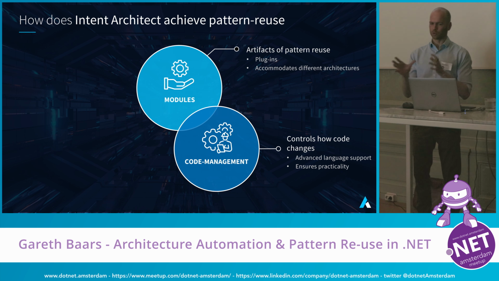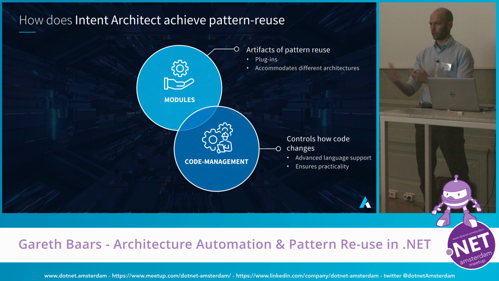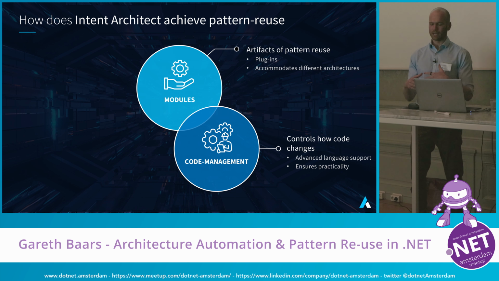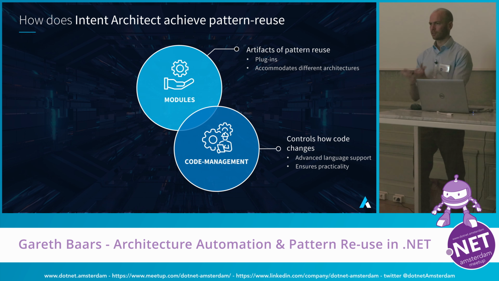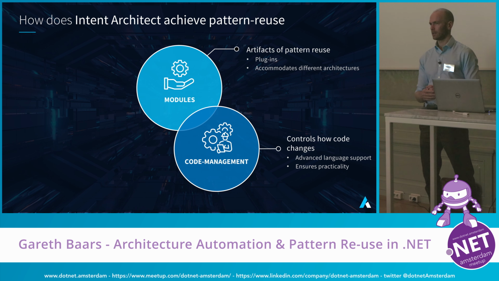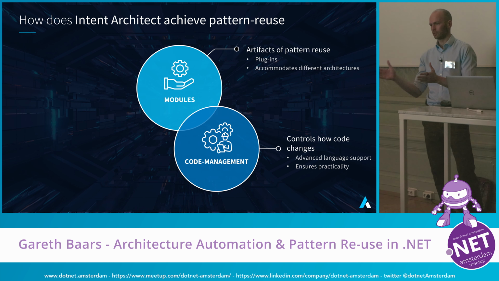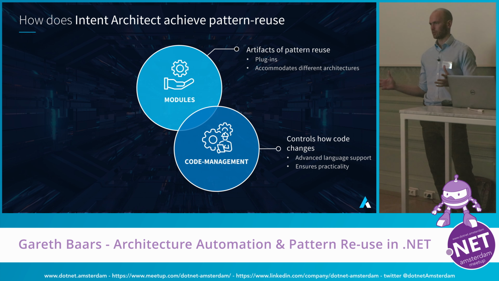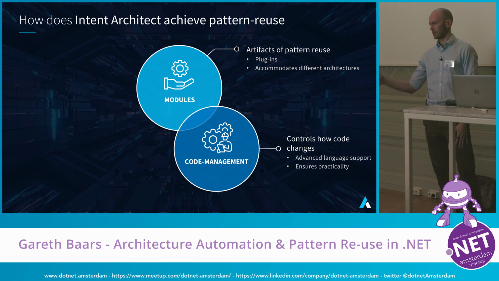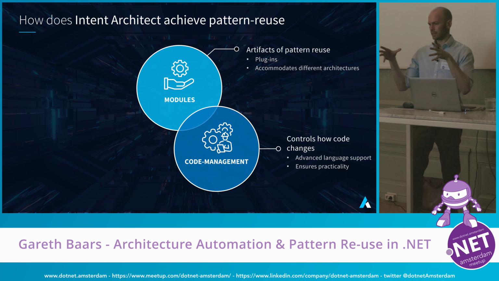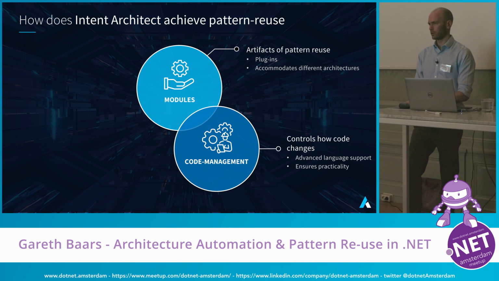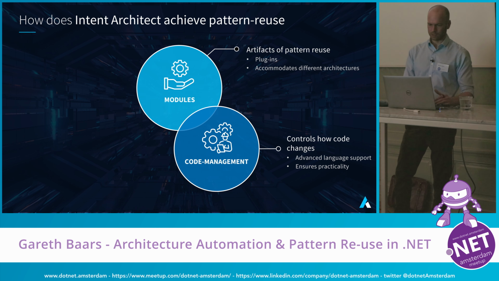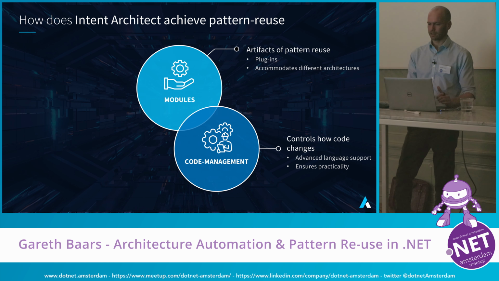We need to be able to shift those rules around, because we need to be able to sidestep the architecture sometimes. Sometimes you need to break out of what the standard architecture practice is. You need to be able to handle the real world. There's always an exception. Software may be 99% the same, and then 1% an exception, and that 1% exception, if you're stuck in some kind of automation system, will just stuff you up. So it's really, really important. This is a very key piece of that practicality.